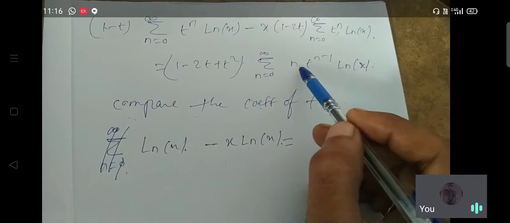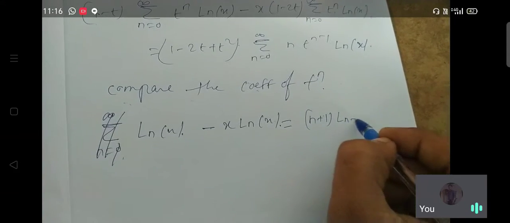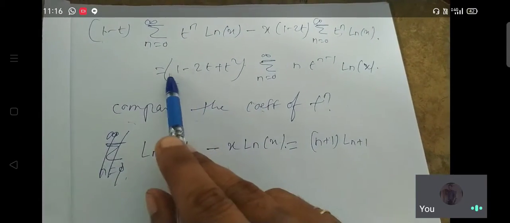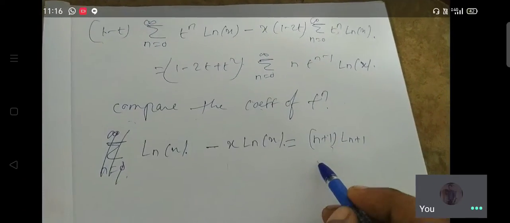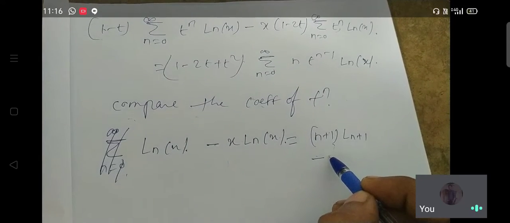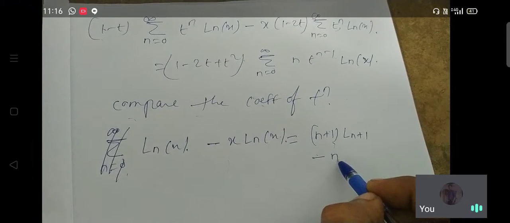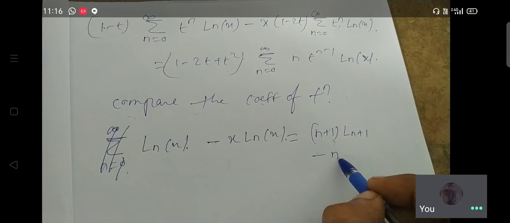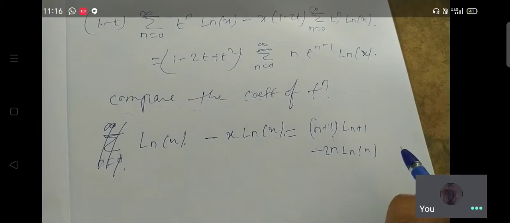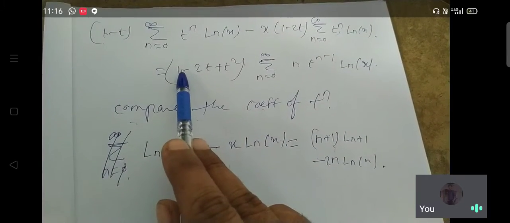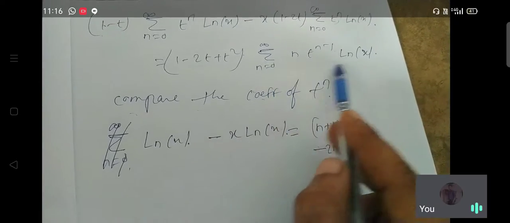For n plus 1, so n plus 1 into L_(n+1), for this one, for 2n, minus 2n into L_n(x), so minus 2t into this whole summation.